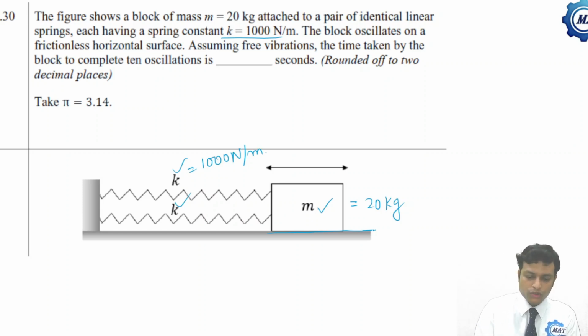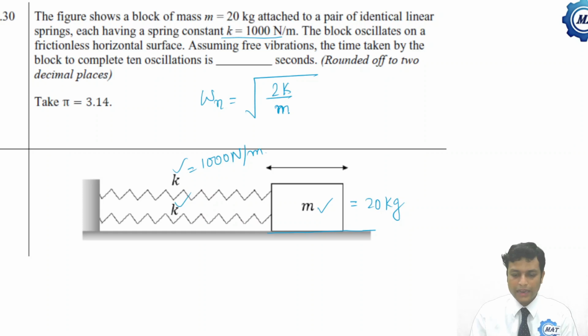Okay, so from this the springs are in parallel, so omega n will be what? Effective stiffness is 2k, so omega n is root of 2k by m, in radian per second.